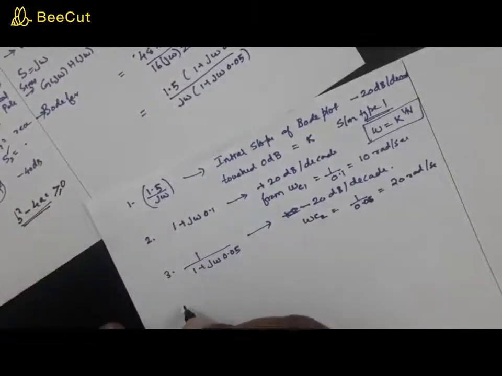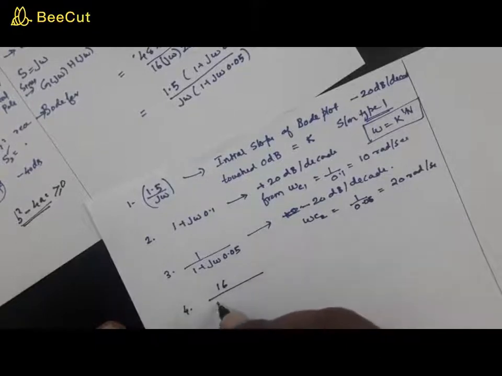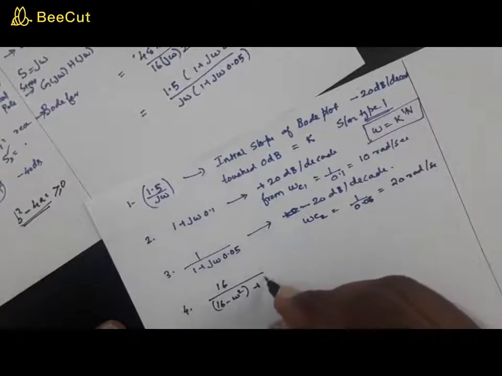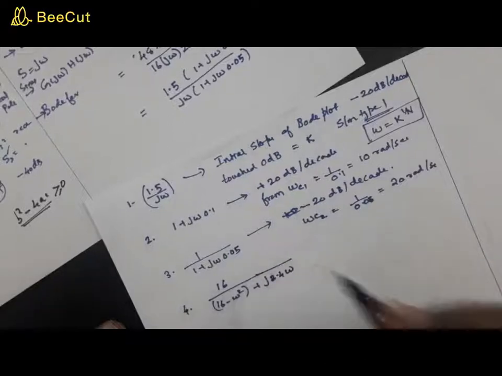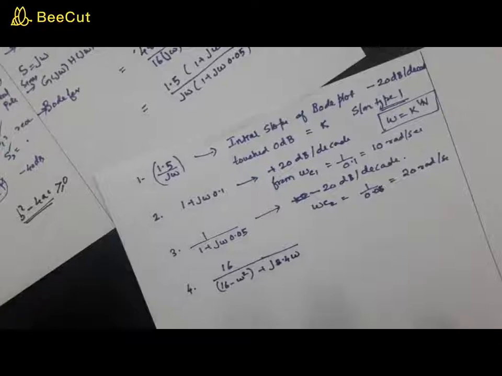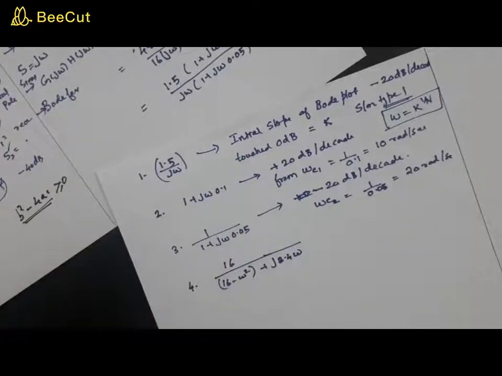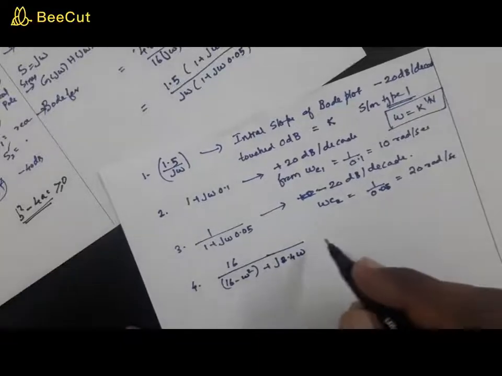Now, what is the fourth term? The fourth term is 16 divided by 16 minus omega square plus j into 2.4 omega. Now, we haven't yet seen how to deal with such a second order term. How to plot this?